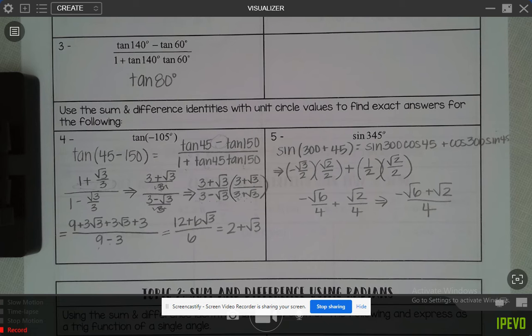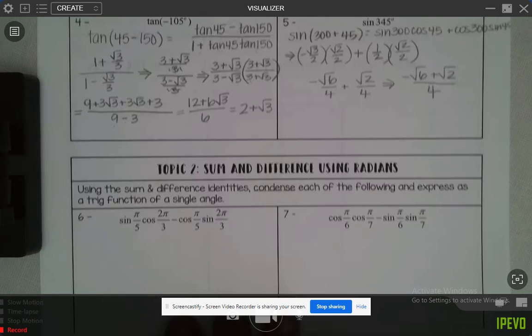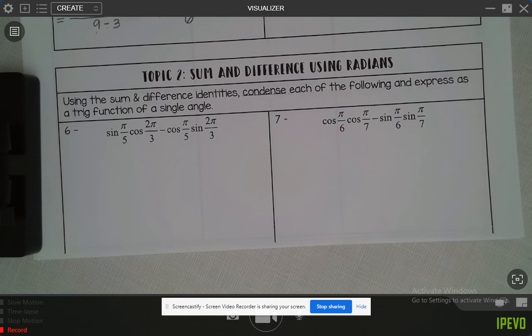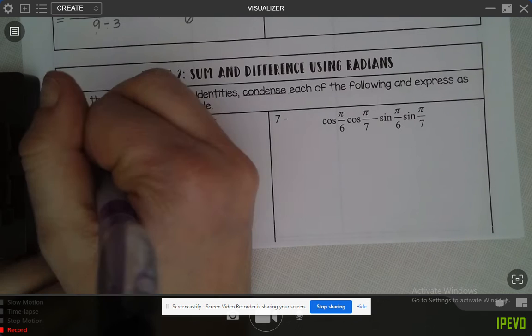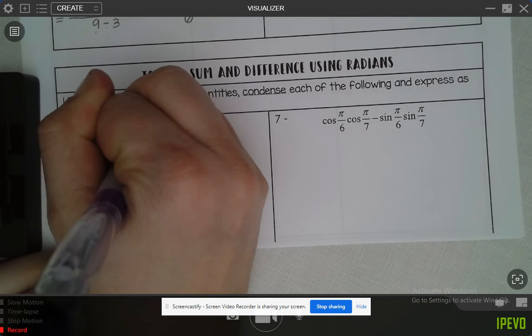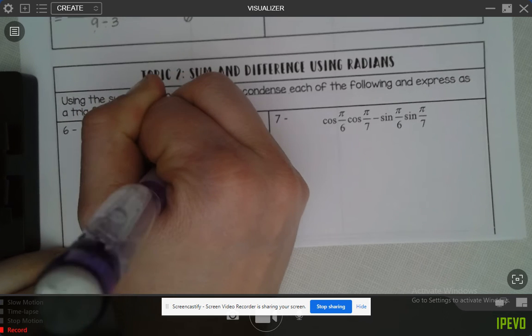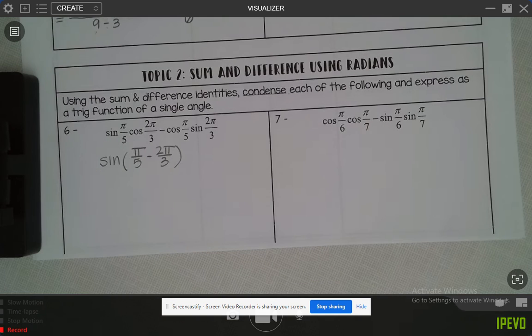Yeah? Okay. Sum and difference using radians. 6. Sine or cosine? Sine. Sum or difference? Difference. So this is the sine of pi over 5 minus 2 pi over 3. Yes? You have to get a what?